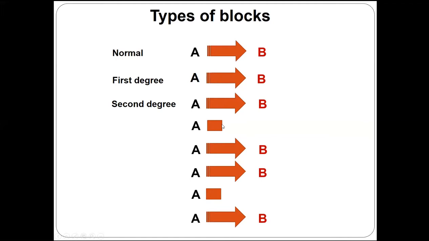This means second degree. Very important: between two conducted beats, we cannot have more than one unconducted. If you have more than one unconducted, that would be a high degree block. So only one unconducted beat can be between two conducted ones.